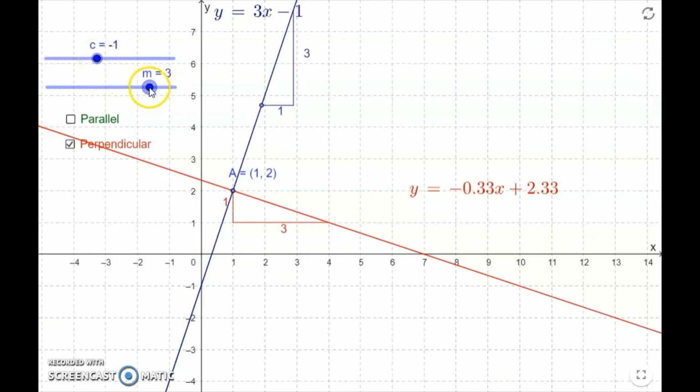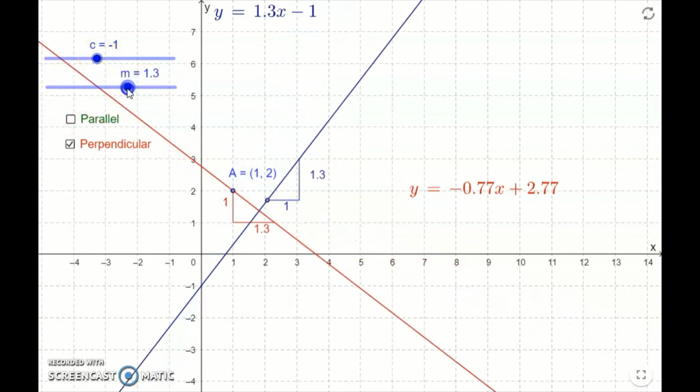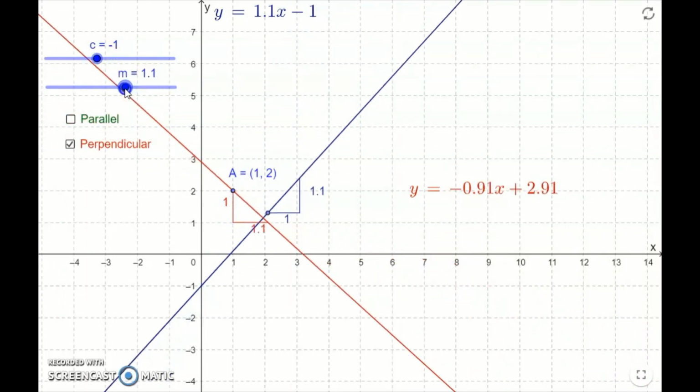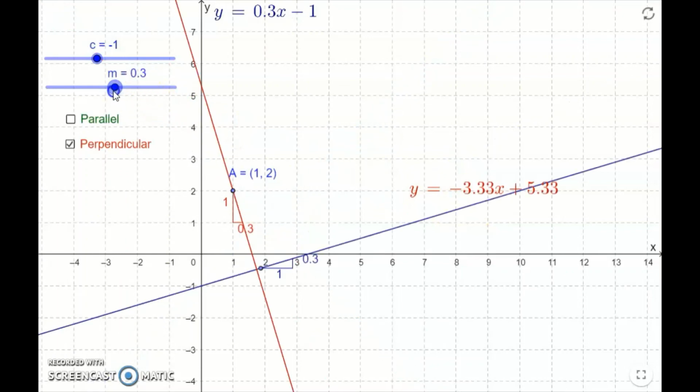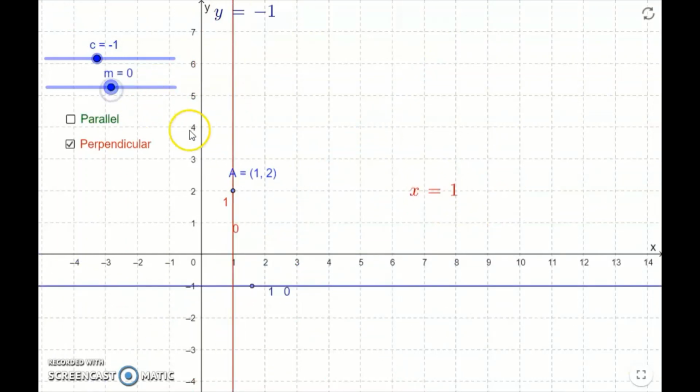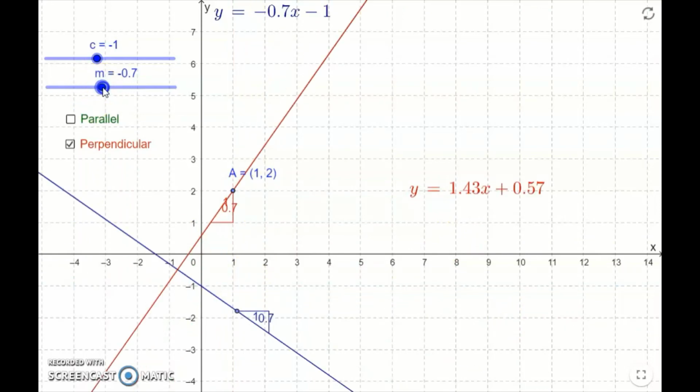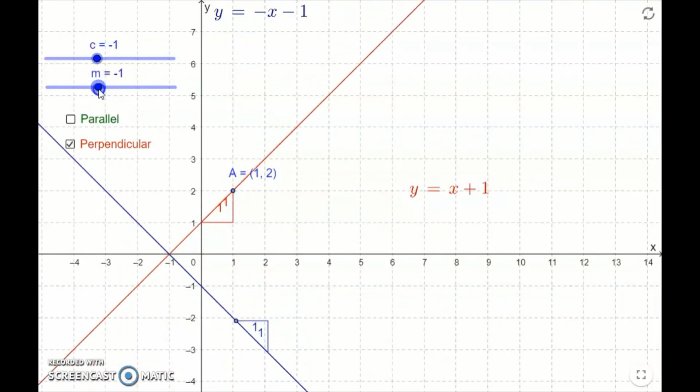Here I can change my slope down to 1, and my slope will be -1 for the perpendicular line. If I were to make it a horizontal line, then we need a vertical line, and then we can move across to a negative slope here.